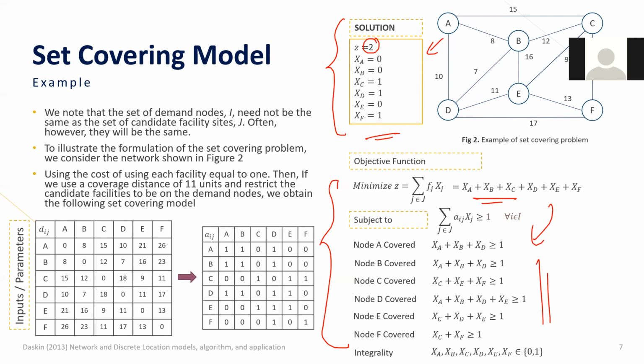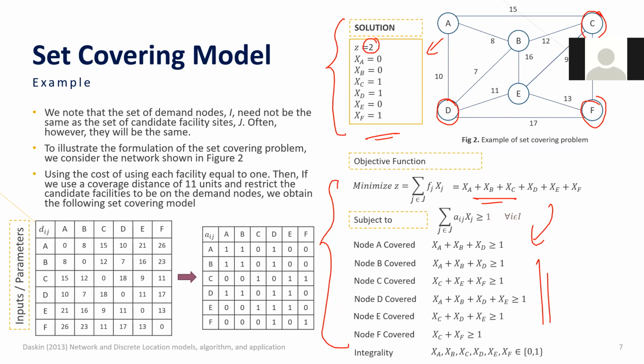Here to show you the final answer, let's see, XC. If you open XC, and then XD, and then XF, you will be able to cover all the demand nodes.